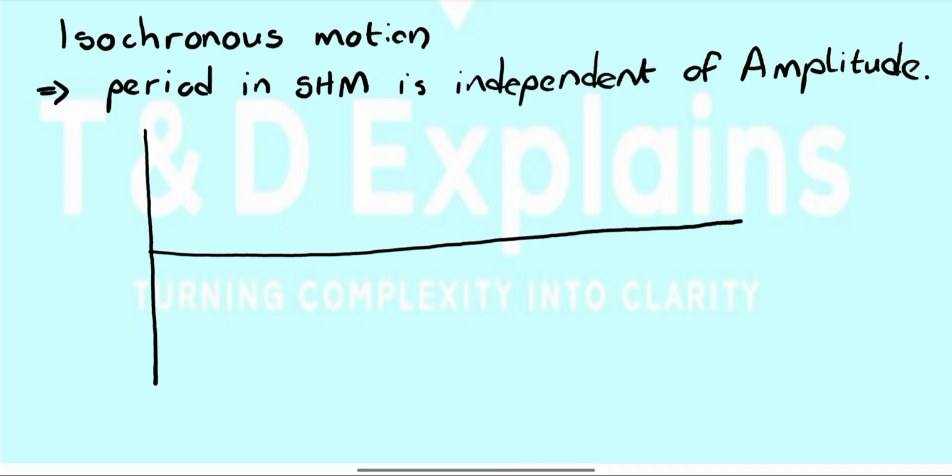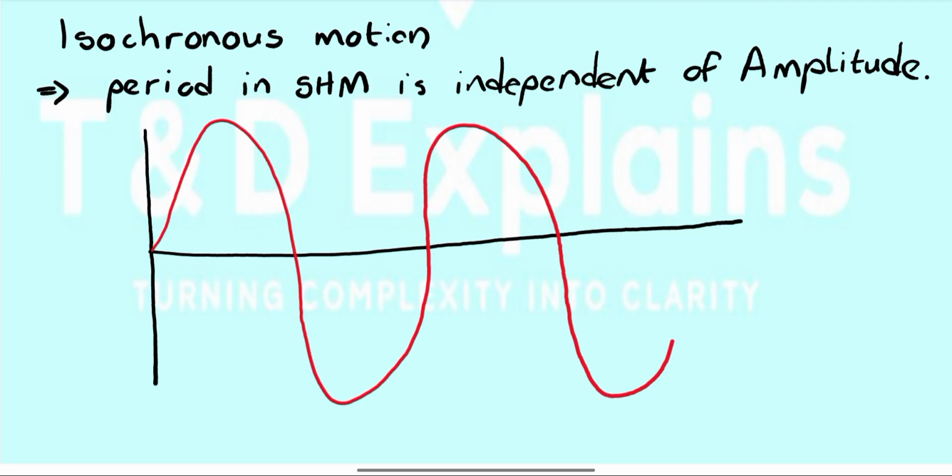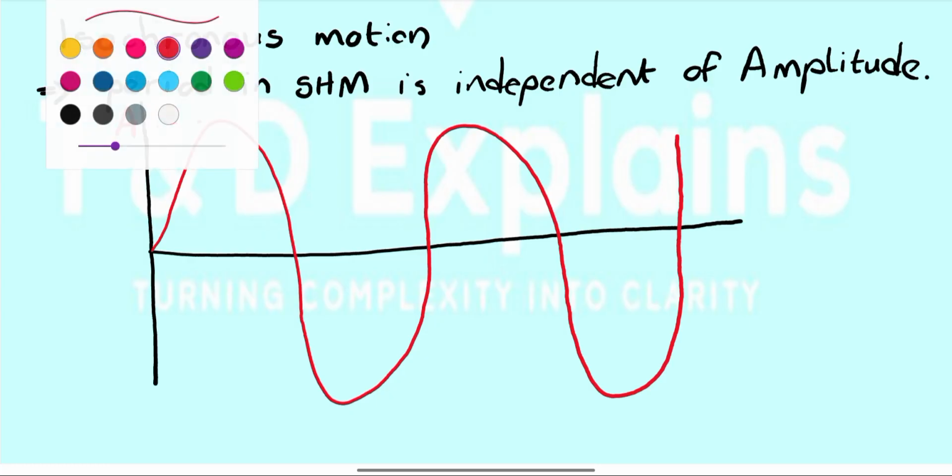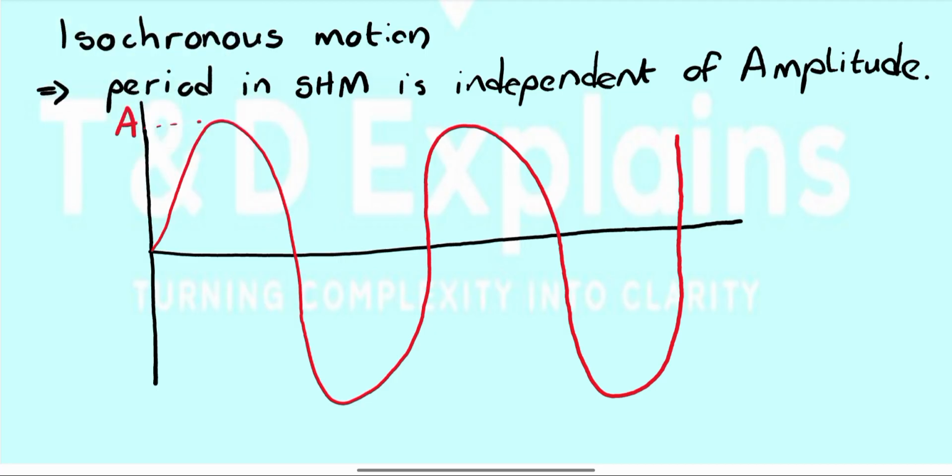Suppose I have object 1 that has a longer amplitude, suppose an amplitude A, and then we have another object that has an amplitude that is less than this one.